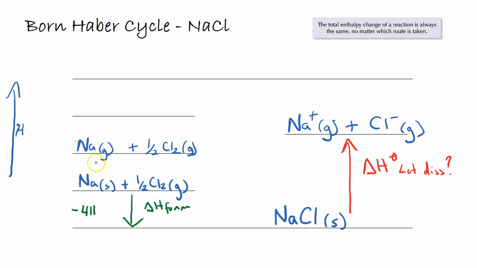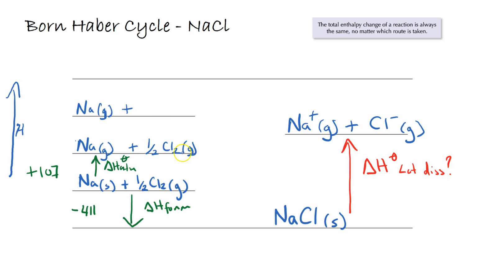This can then be described as the enthalpy of atomisation for sodium, a known value of plus 107 kilojoules per mole. The next thing I want to do is get the gaseous chlorine atoms.